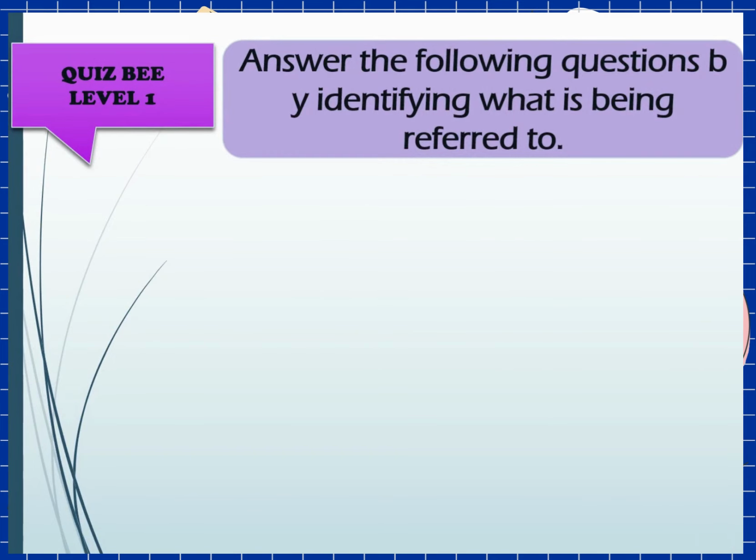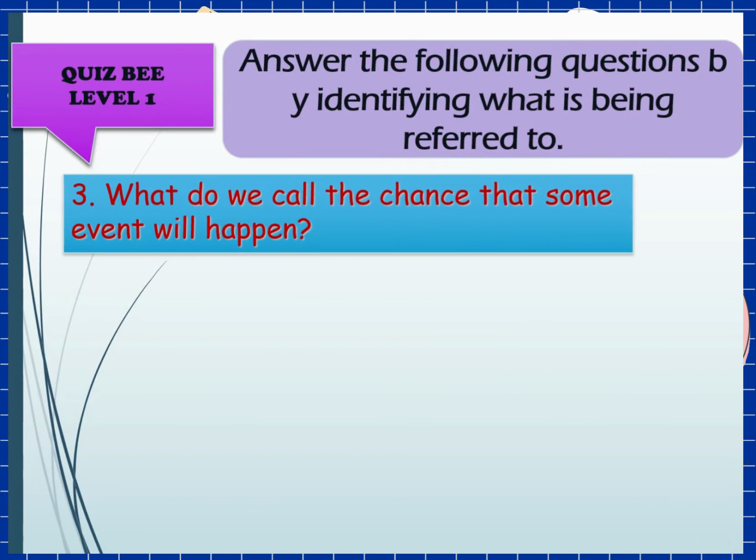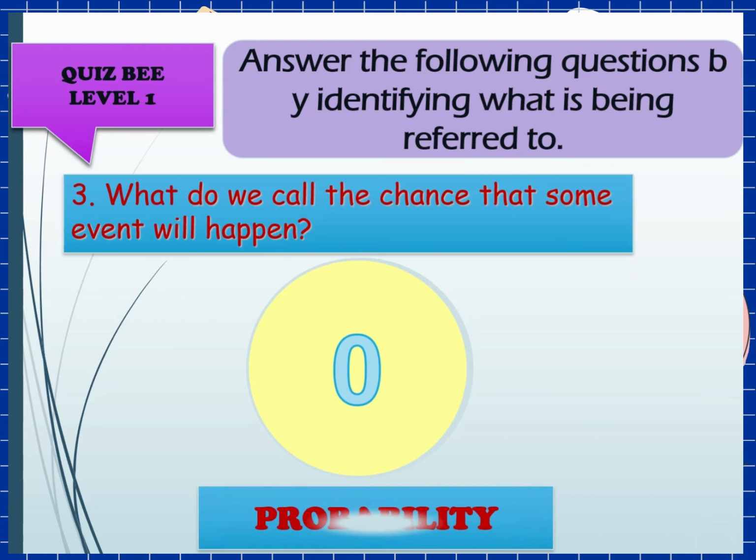Number 3. What do we call the chance that some event will happen? The correct answer is probability.